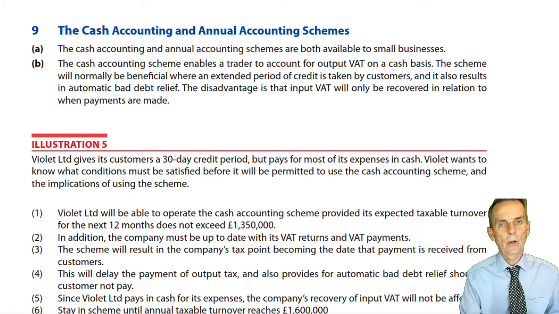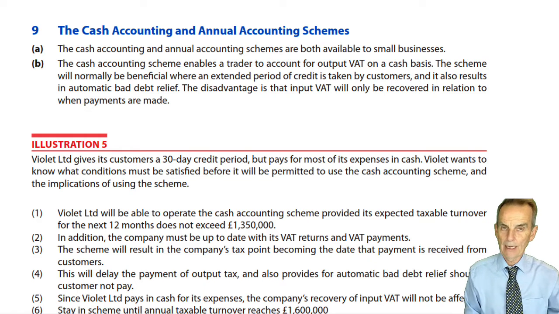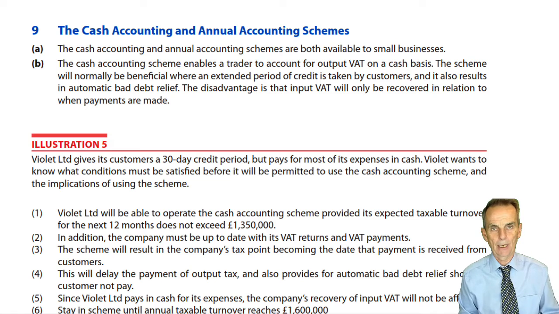So we're not going to have to account for output VAT and pay over that VAT until we've received the cash from the sale. Now that, clearly with the slow paying customers, ensures that we're not out of pocket with having to pay the VAT on the sale made before getting any of the cash from that sale.